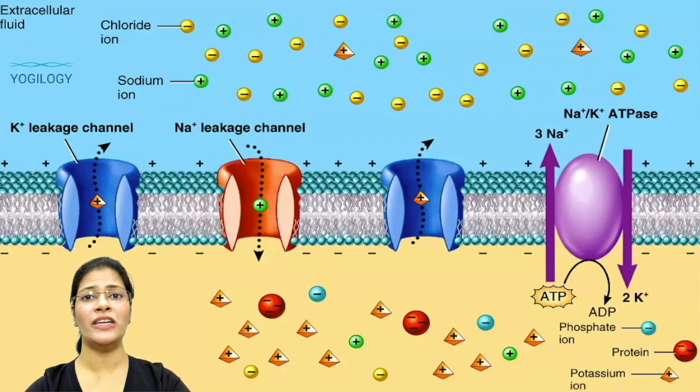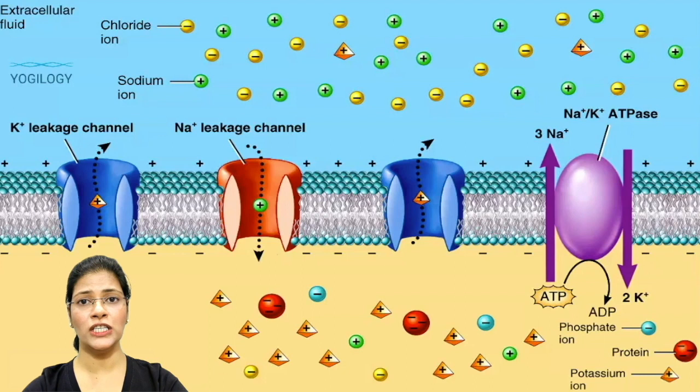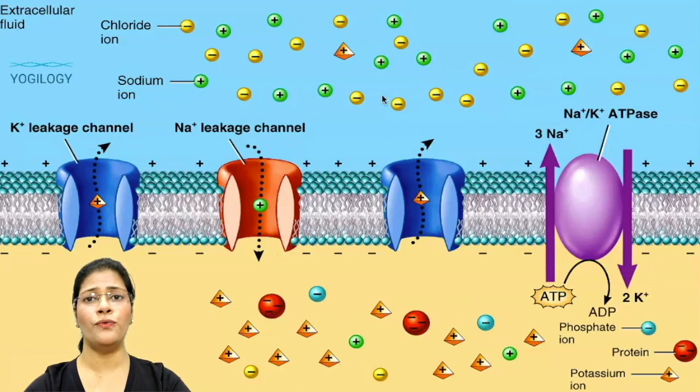There are three major factors for this resting membrane potential. The first factor is the unequal distribution of ions in the extracellular fluid and cytosol. As we can see, extracellular fluid is rich in sodium ions and chloride ions, and cytosol is rich in potassium ions and other dominant anions like phosphate attached to molecules such as ATP and amino acids in case of proteins.